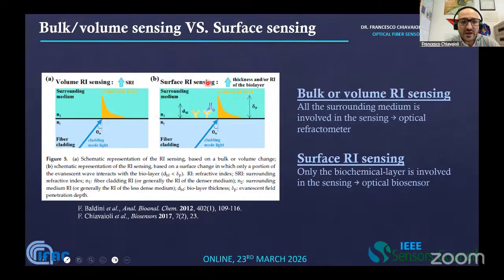In the second case, so in surface refractive index sensing, there is just a small portion of the evanescent wave that interacts with the biological or chemical layer, and so only a part is involved in this sensing. And in this case, we talk about chemical sensing and optical biosensors.